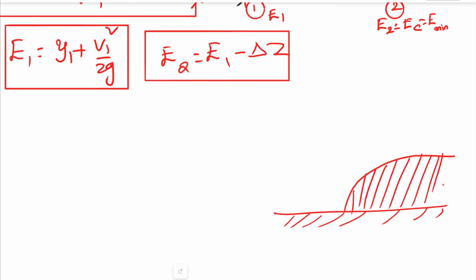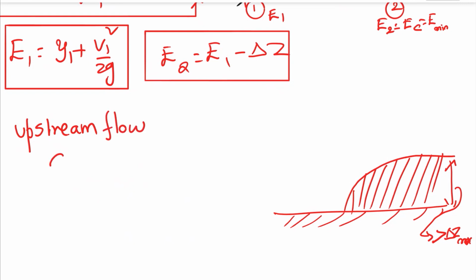So its height is greater than delta Z maximum, right? Already at delta Z maximum, the depth has come to critical depth. If you increase it beyond that, then the upstream flow condition changes.